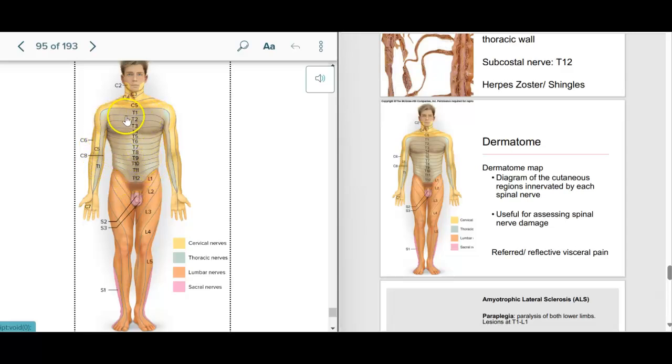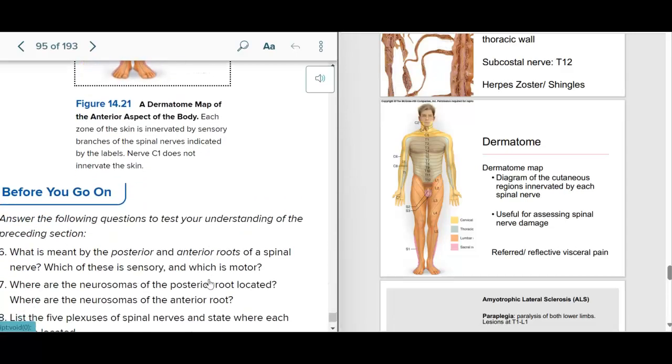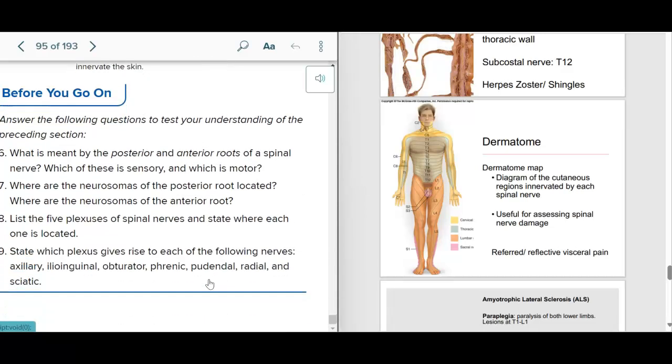The trunk goes along with the thoracic nerves. The legs start at lumbar. It gets to be sacral down on the lower outside of the leg, and then again the genitalia. So this is a dermatome map. It would be very good to learn and know the dermatome map.